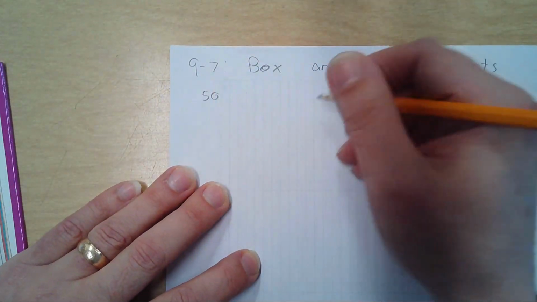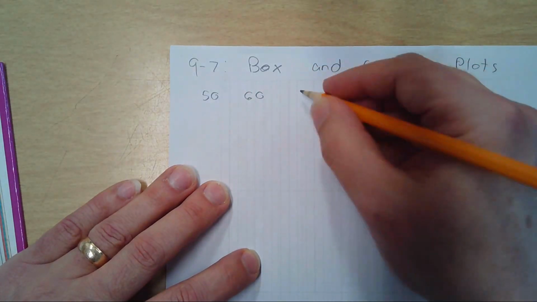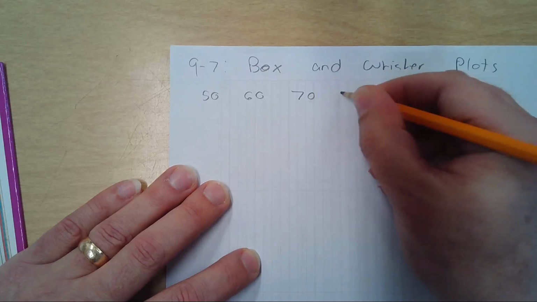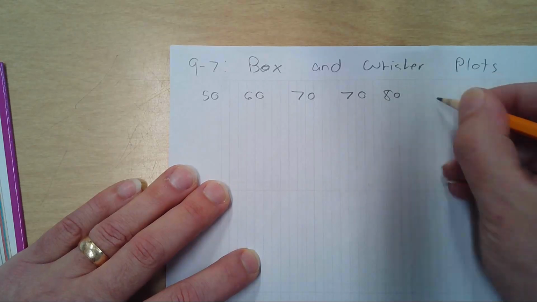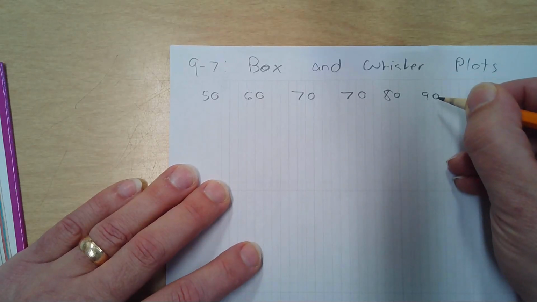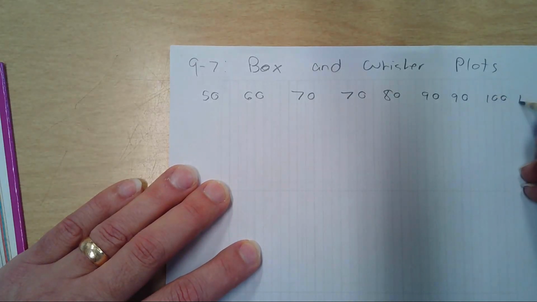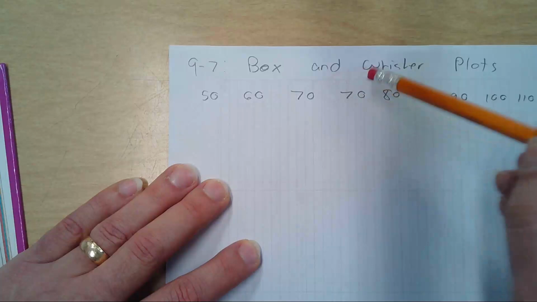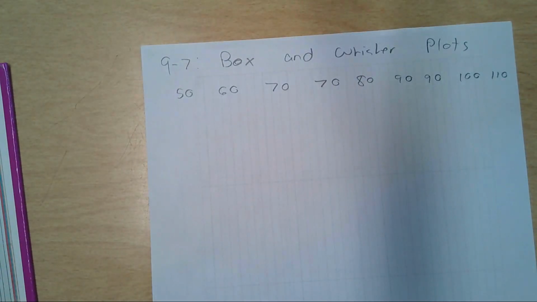I got a 50, a 60, a 70, another 70, an 80, a 90, another 90, 100, and a 110. 1, 2, 3, 4, 5, 6, 7, 8, 9.